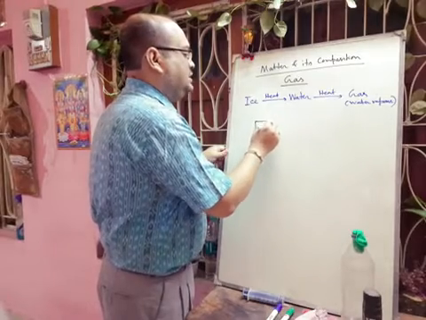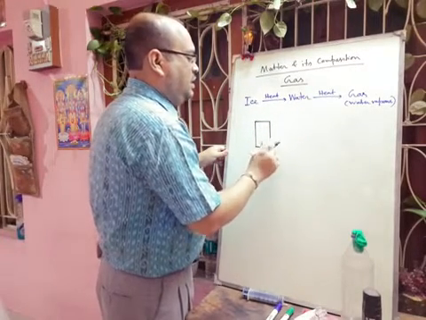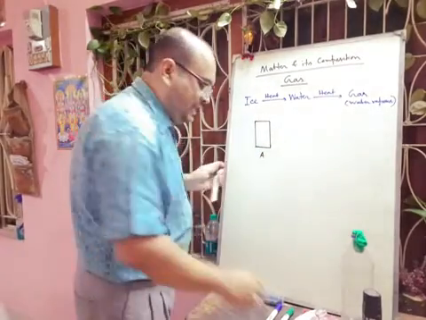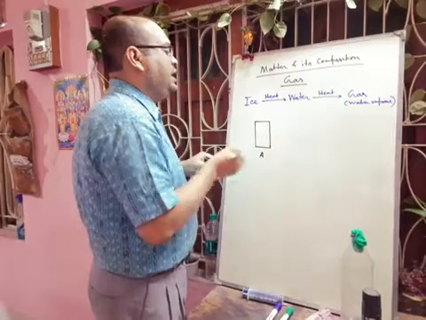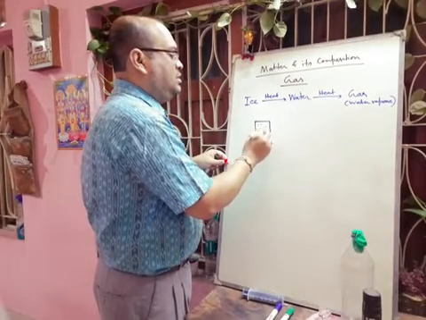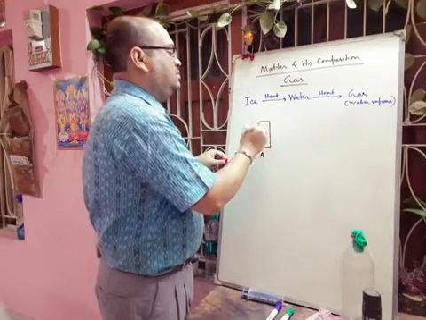Suppose this is one gas jar A, and inside this gas jar we have taken some reddish brown gas. This is nothing but bromine gas.